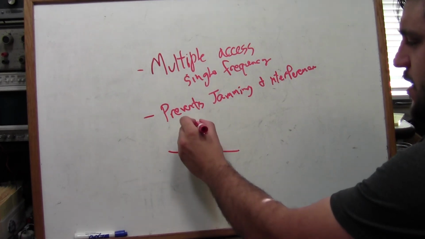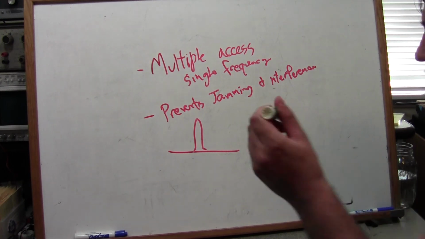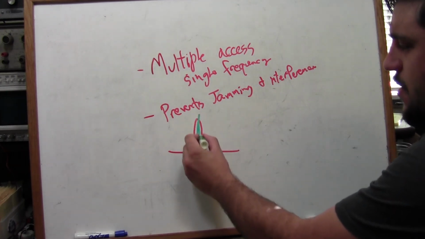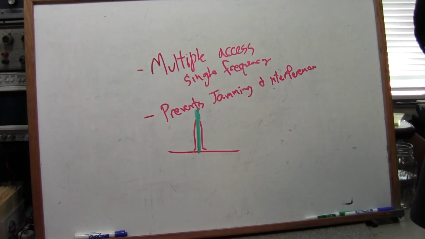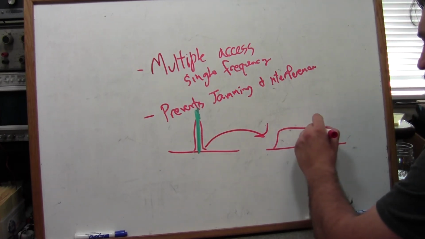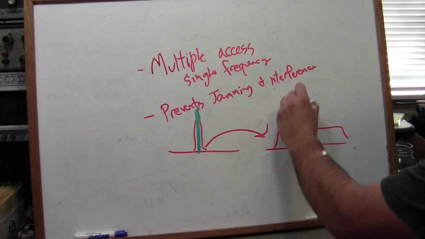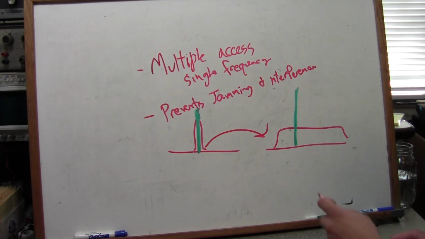When you're transmitting a narrowband signal, like you normally do, so for example, a basic voice channel is 15 kilohertz wide. A cell phone conversation is on the order of 1.5 megahertz wide to 20 megahertz wide. If someone else comes in and either deliberately or accidentally puts another large carrier on that same frequency, it obliterates your signal. But if you take that and through CDMA, spread it so that the power is spread over a large spectrum, this intentional or unintentional jamming interference only obliterates a small fraction of the power.